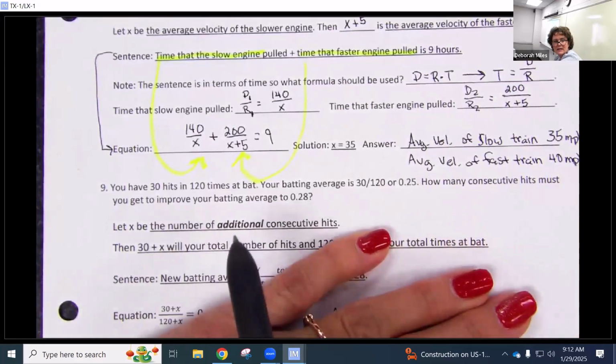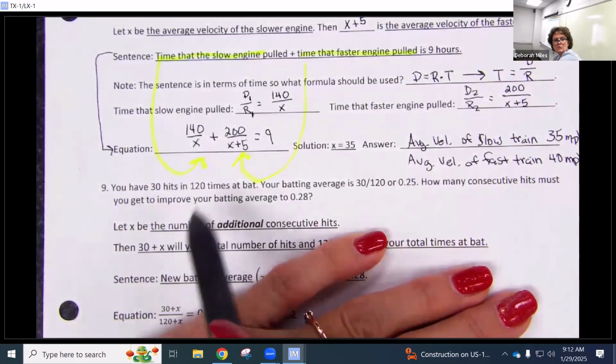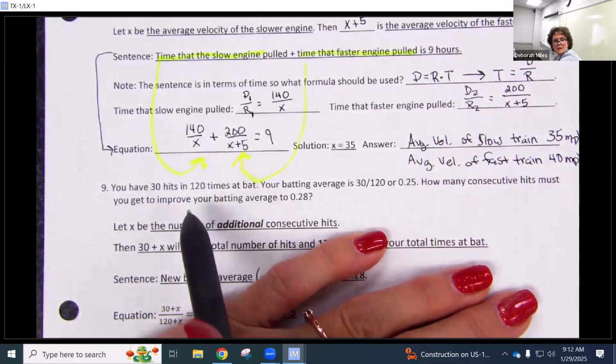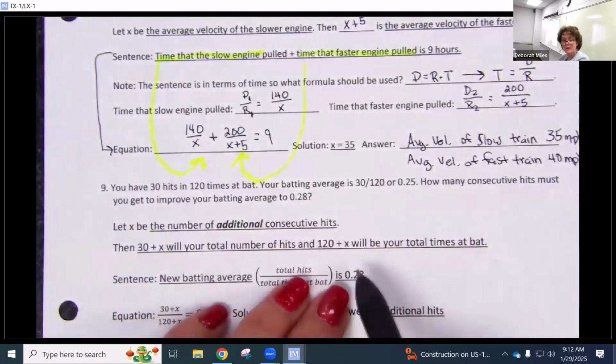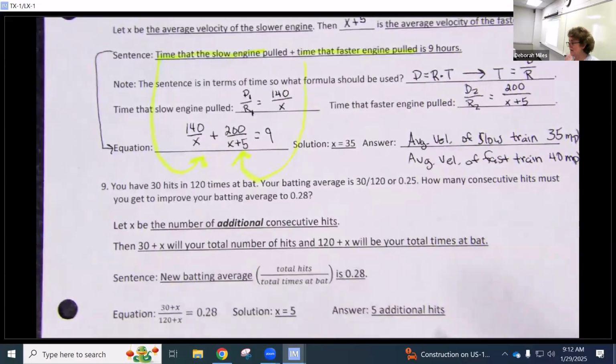What's your total number of times at bat? Well, your original times at bat was what? 120, and then you've hit it X more times. Then 120 plus X will be your total times at bat.